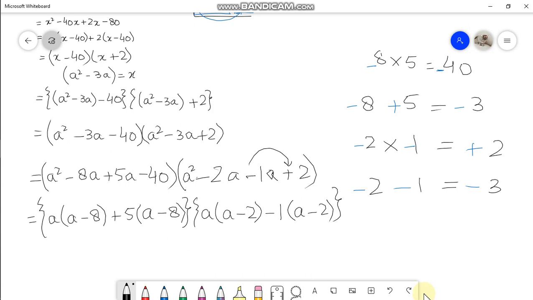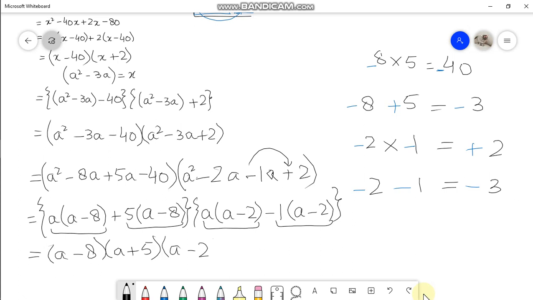So I have the final answer: a minus 8 is common in these two terms, and what remains is a plus 5. And now for the next braces, a minus 2 is common and a minus 1 is remaining.